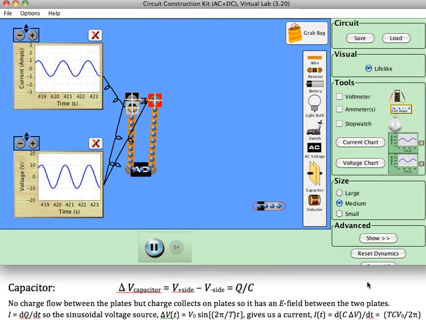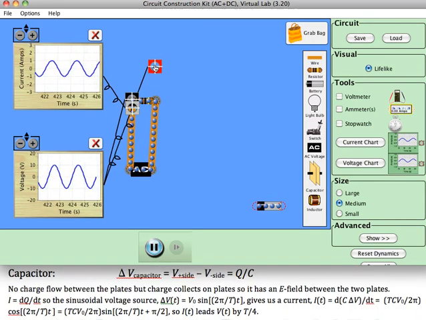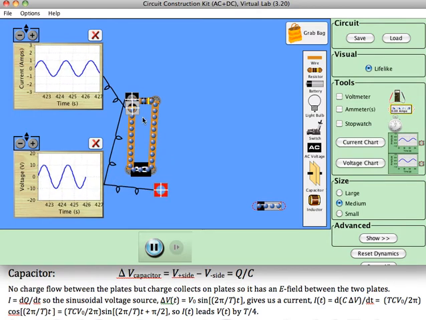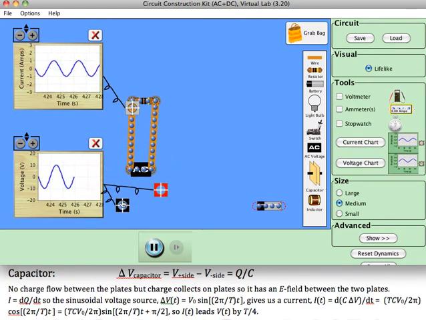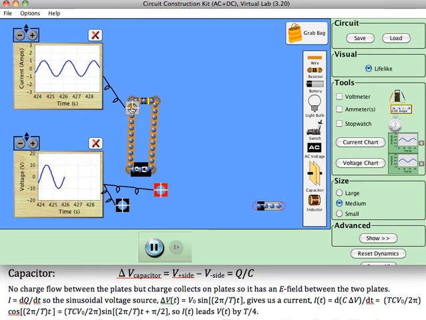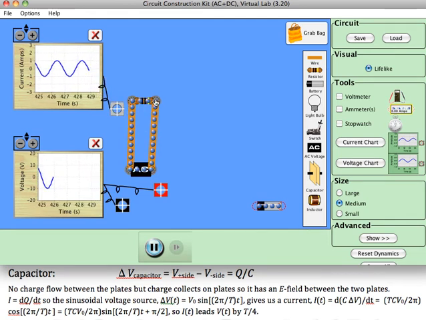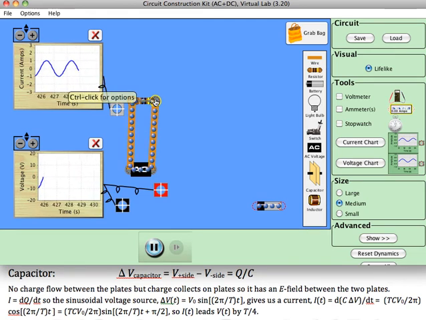What about a capacitor? That's another circuit element that we've talked about. I can get rid of this resistor, put it over here with the battery, bring a capacitor into the problem.